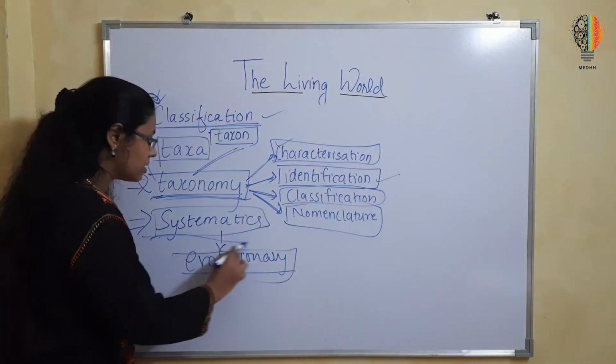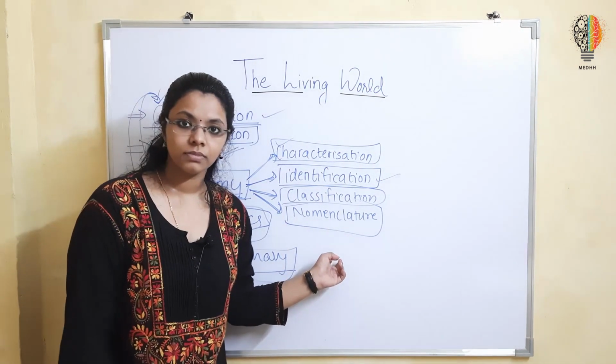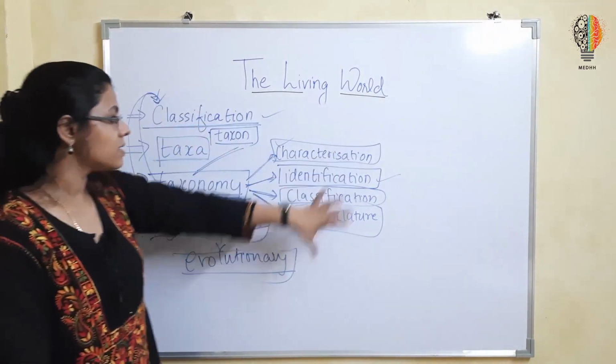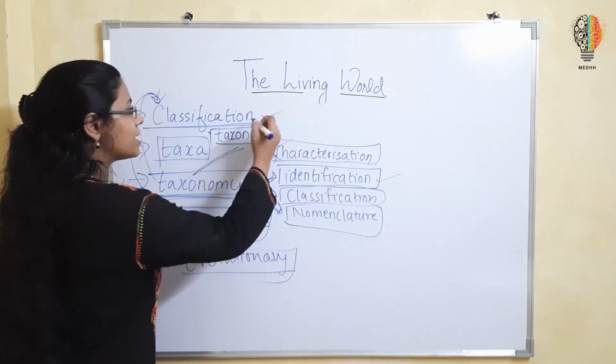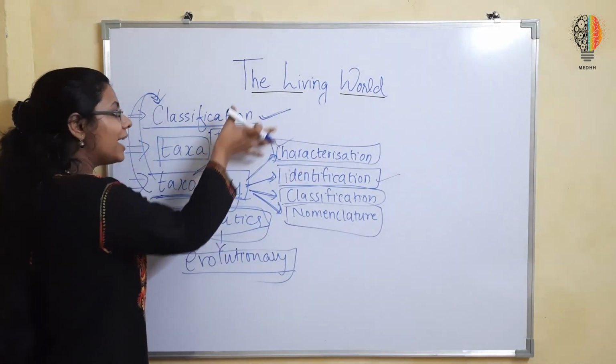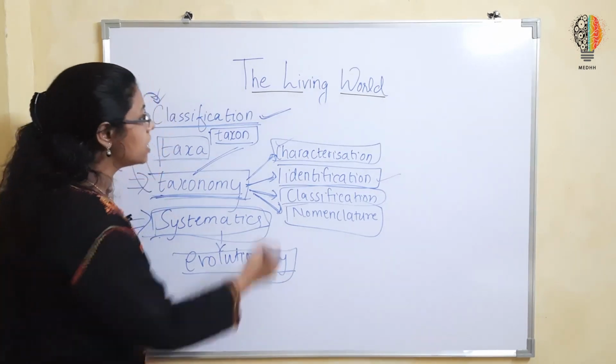And that study is called systematics. So this all will look the same or similar, but no, if you understand one term and relate it to the others, it will be easier for you to understand.